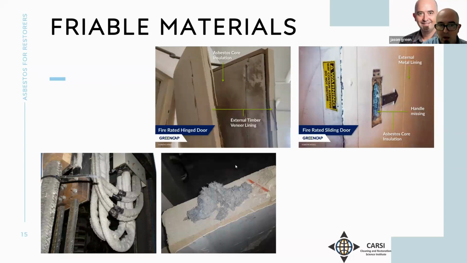Other materials here are fibrous sheaths on power cables, or in electrical cupboards or electrical backing boards. There might be friable asbestos sheaths on cables, so we need to be aware of those situations.